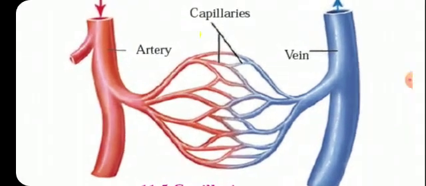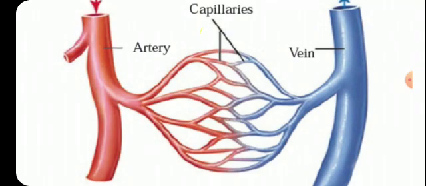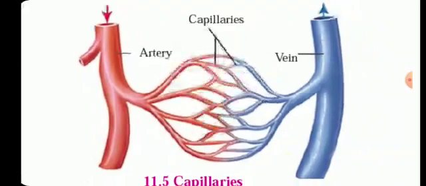See here, arteries branch out and form sub-branches, and these sub-branches together form capillaries. Capillaries in turn join and form veins. You can clearly see here, arteries branch out, capillaries are formed, and capillaries again rejoin to form veins.